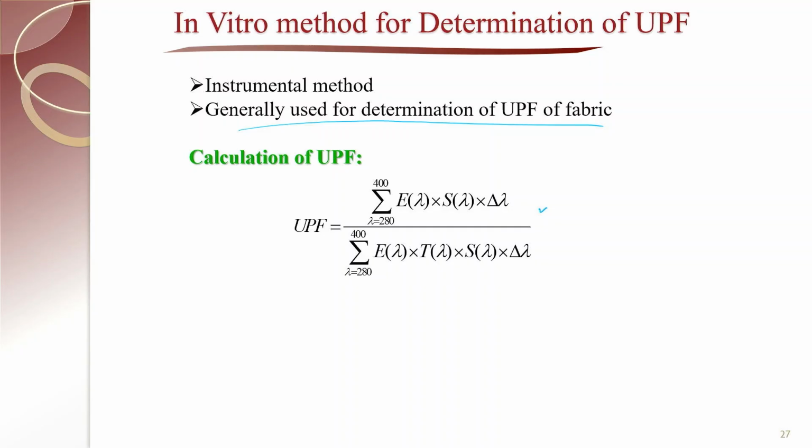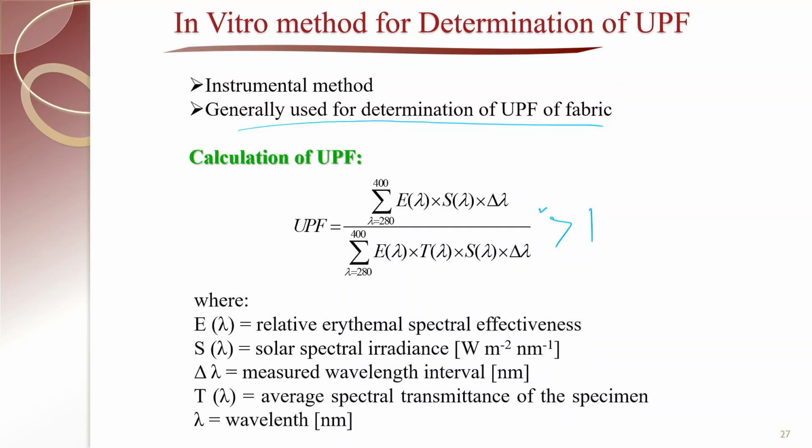Basically, as we have discussed, it is the ratio of UV ray coming through the air to that through the fabric, and its value is more than 1. These are the different parameters given by the instrument, measured.